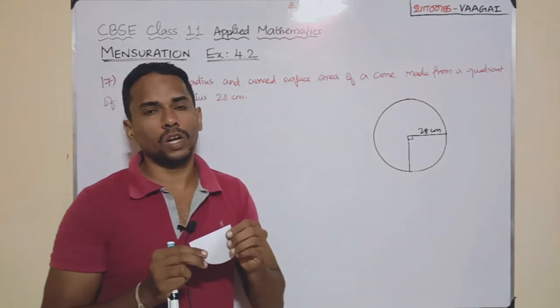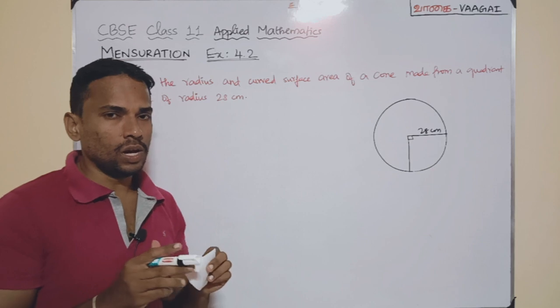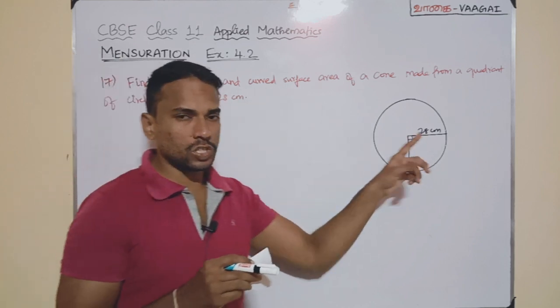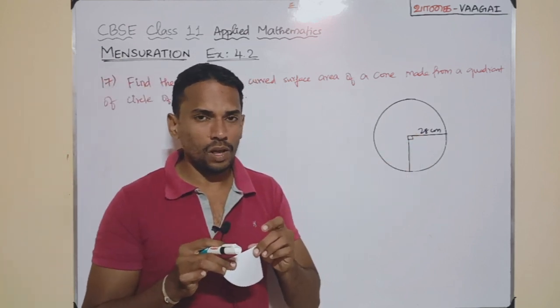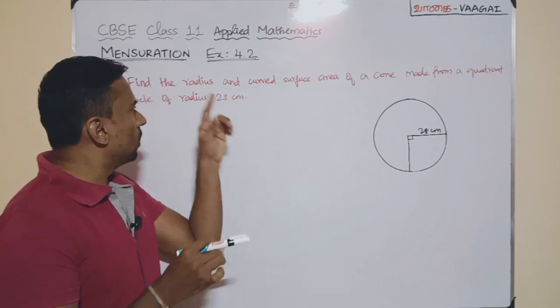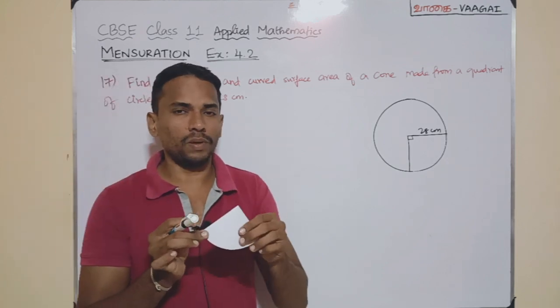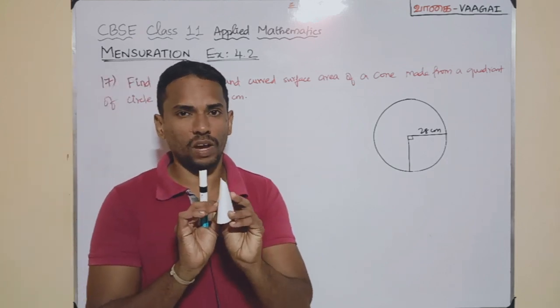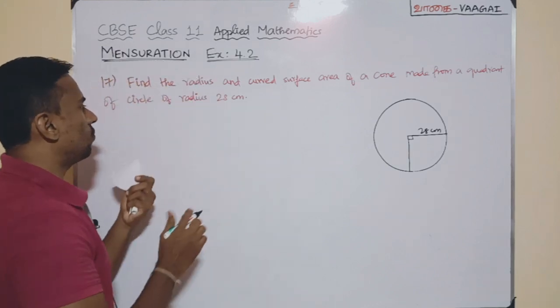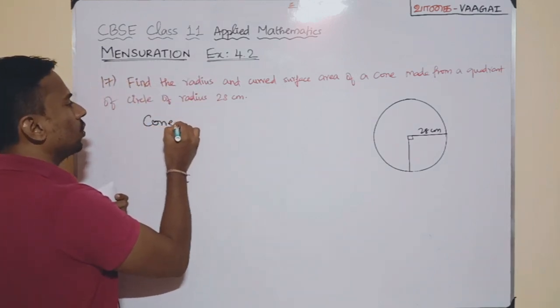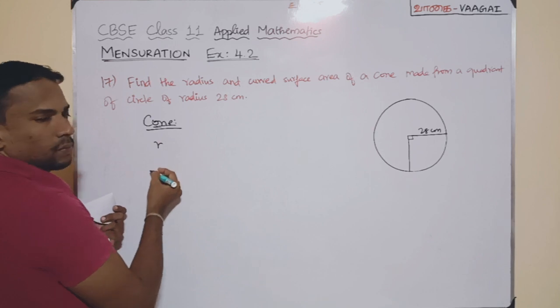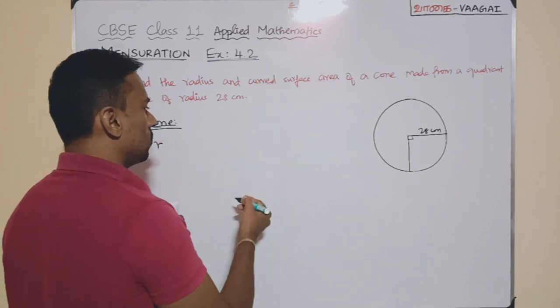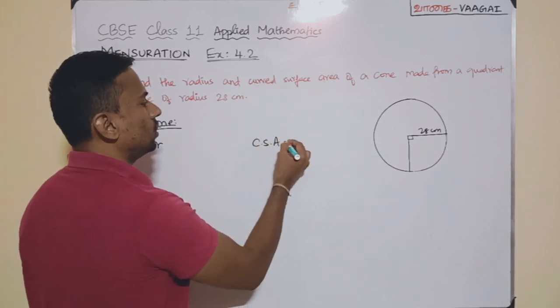These two things I have to find out. The radius of this quadrant is already available, but we need to find the radius of the cone which is formed. So for the cone we have to find out the radius and also the curved surface area. Both these things we have to find.